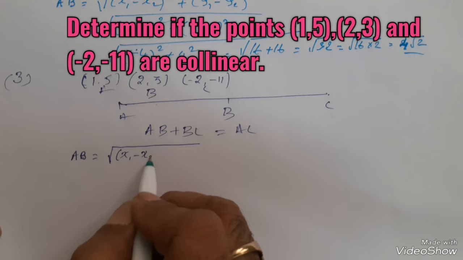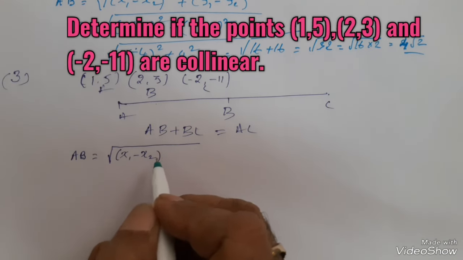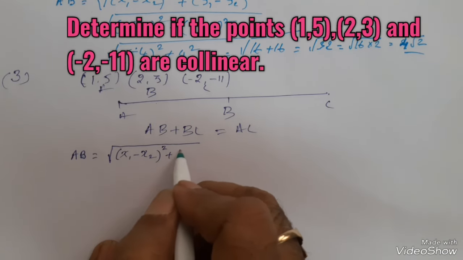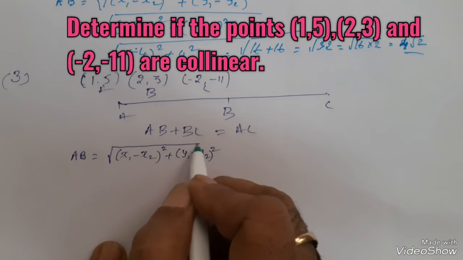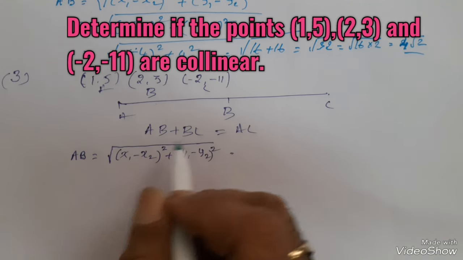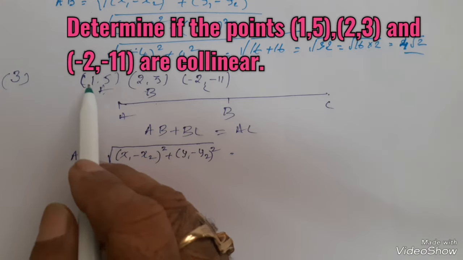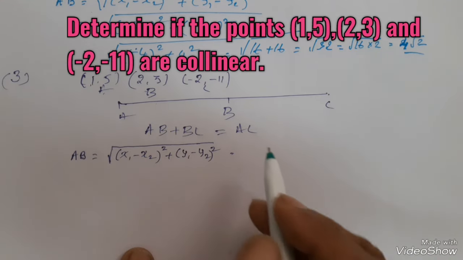The formula is square root of (x1 minus x2) whole square plus (y1 minus y2) whole square. Since you are taking AB, this is x1, y1, and this is x2, y2.